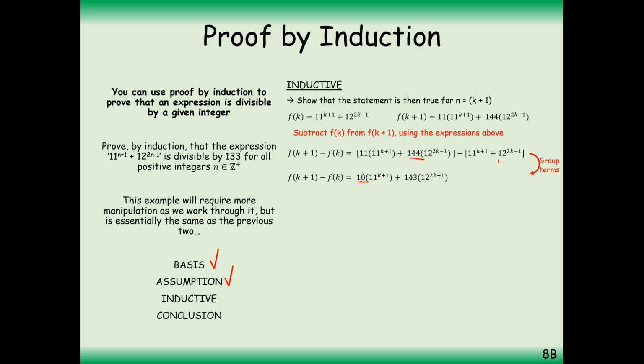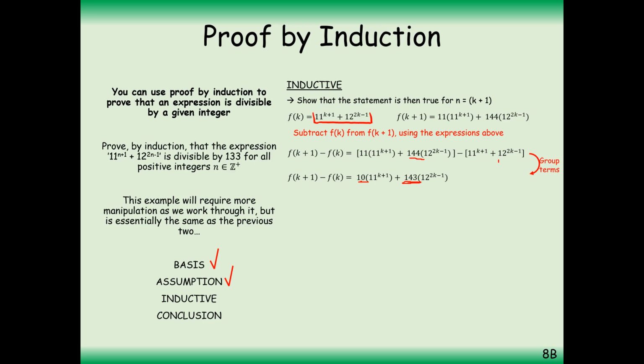Now, there is still a little bit of work to do. Here's the challenging part, because at the minute, this doesn't look like anything that we can factor 133 out of, because 10 is obviously not a multiple of 133. So we are going to split this 143 up. If you think carefully and look at our original expression, we are going to look for a factor of this.